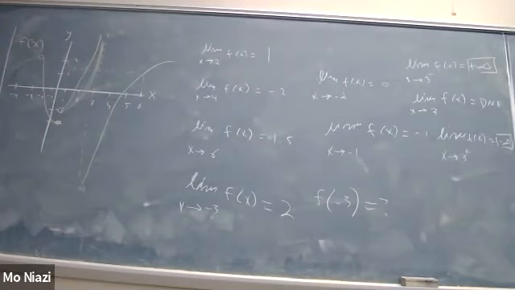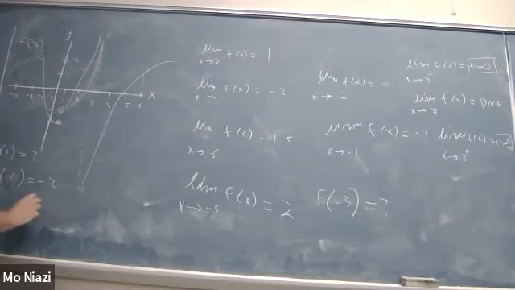It's not defined at -3. What is f of 1? Yes, f of 1 is -2, because over here, if we come at 1, the function is outputting a solid at -2.